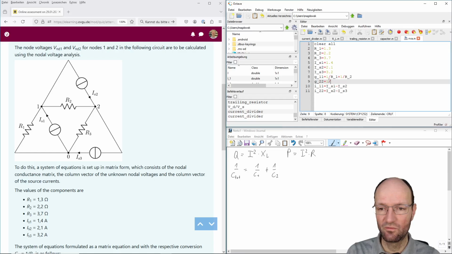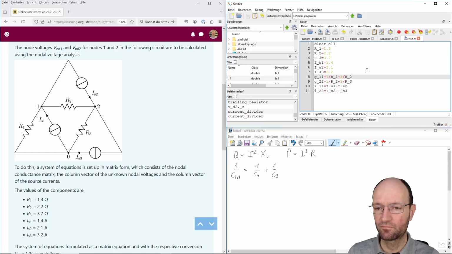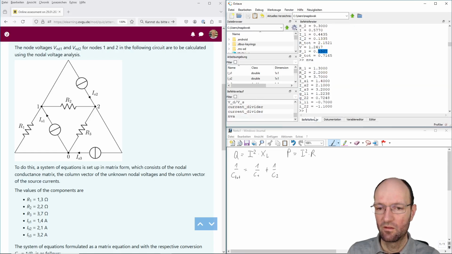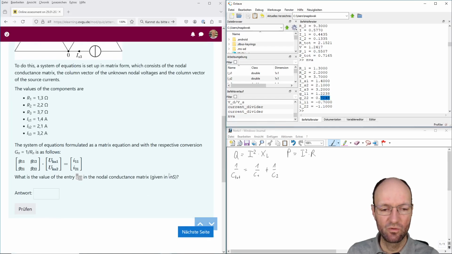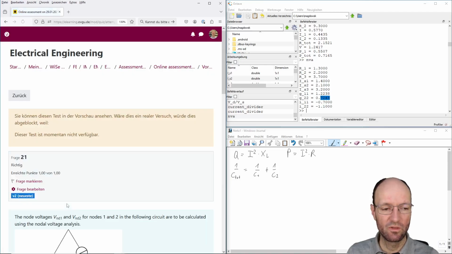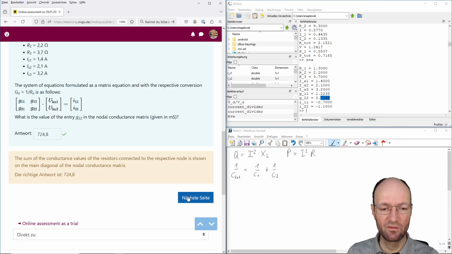And these are the resistors R2 and R3. So this should be it, because it should be given once again in millisiemens. So let's check. That's the right answer.